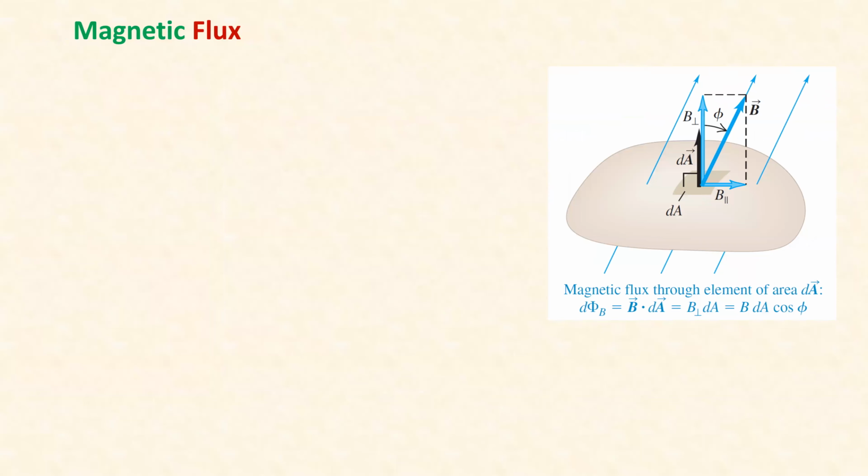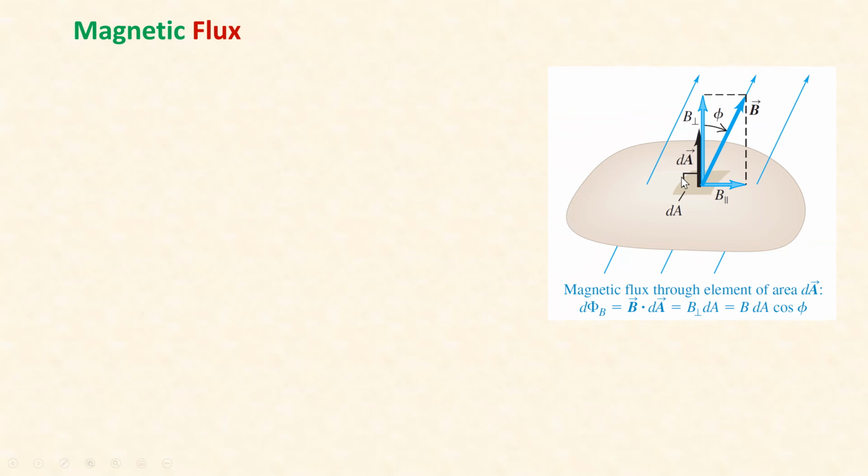All right, that leads us to define a magnetic flux. Remember, as we define the electric flux through a surface, we can also define a magnetic flux. If we have a surface of area A, but it is not a flat surface, and it is in a magnetic field that's not constant, we want to see how much magnetic field passes through this surface.